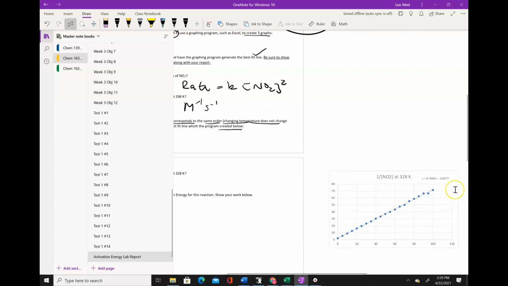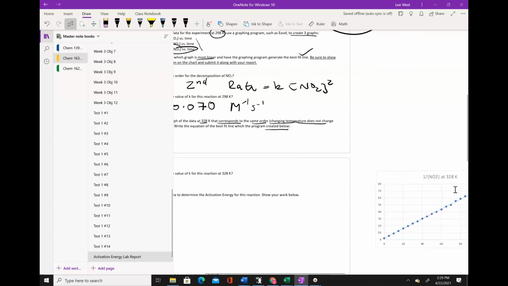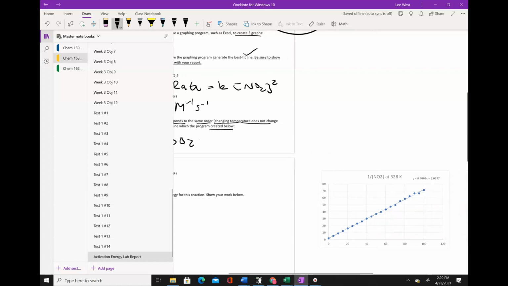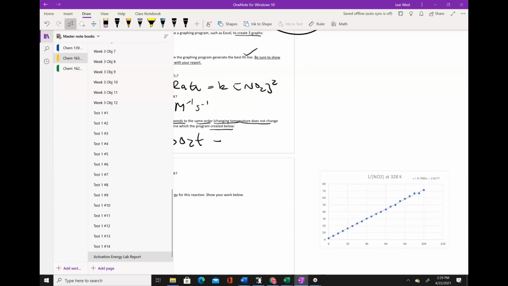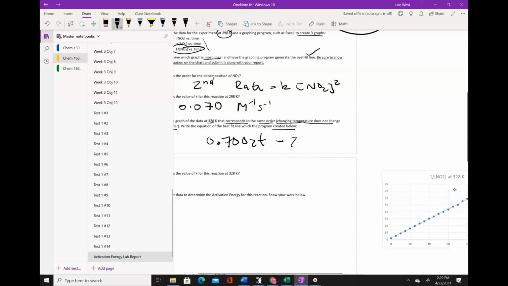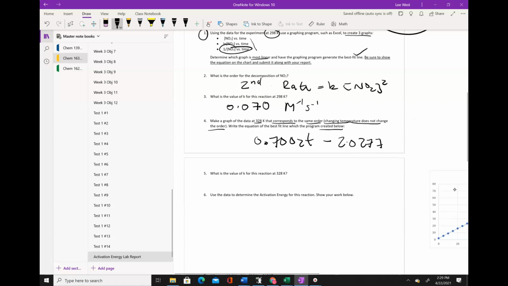Let's just put our graph there. So it is 0.7002 times our x, which is time, minus 2.027. And that's what y is equal to, and our y is 1 on the concentration of NO2.